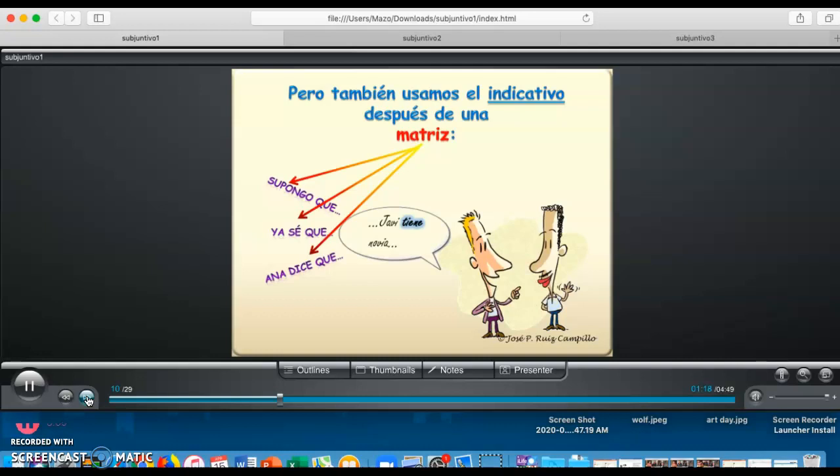If I say, supongo que Javi tiene novia, versus ya sé que Javi tiene novia, or Ana dice que Javi tiene novia, in all three scenarios, we think or we're sure that actually Javi has a girlfriend. That doesn't change that reality. So in all three, we think or we know that Javi has a girlfriend.